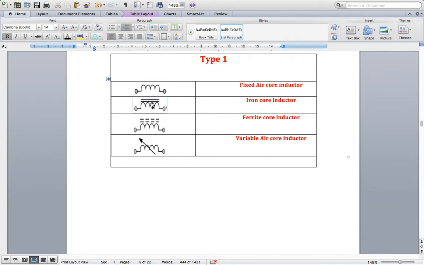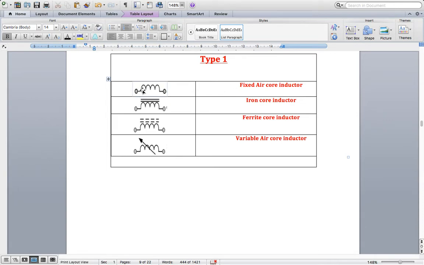As you studied, there are 2 types of capacitor, fixed and variable. There are 4 types of inductors. If it is just the symbol like this, it's, sorry, not fixed capacitor, air core inductor. Air core means the medium is air.